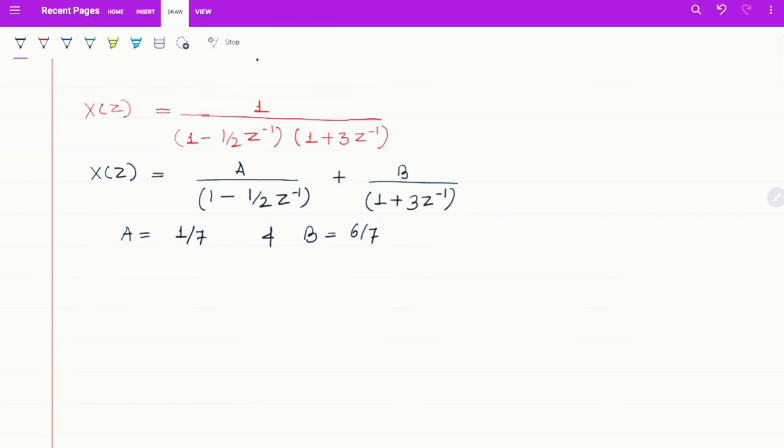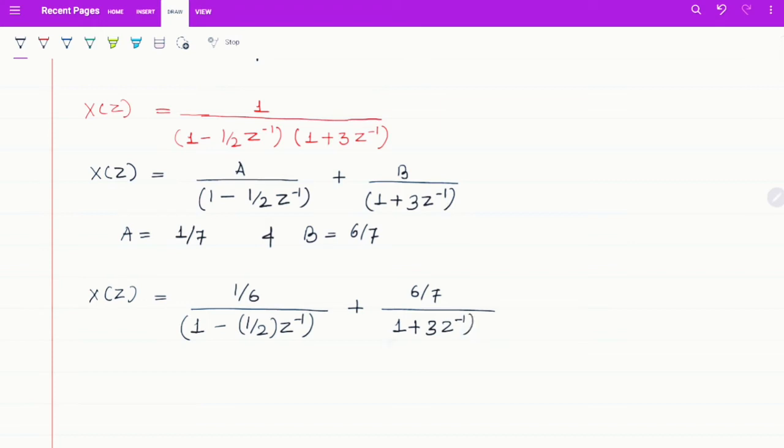Now put these values A and B in this equation X of z, so you will get 1 by 6 divided by (1 minus 1 by 2 z inverse) plus 6 by 7 divided by (1 plus 3 z inverse).